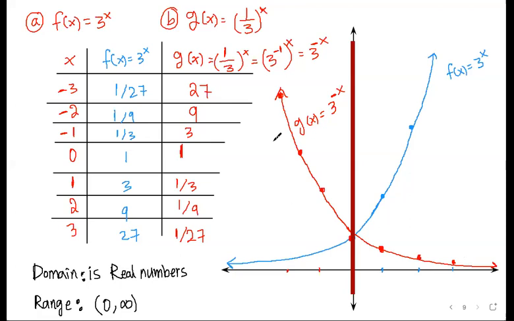So the domain is all real numbers. Why? Because look at the x-axis. If I use only the blue curve, f of x equals 3 to the power x, all the values of the x-axis are used. This means the domain is the real numbers. For the range, starting from 0, the curve gets close to the x-axis but will not touch it.